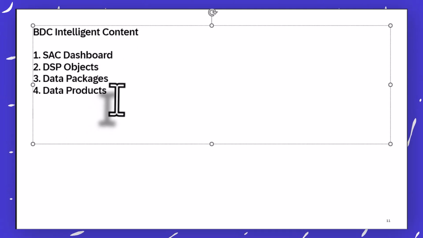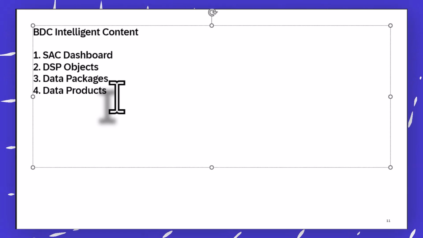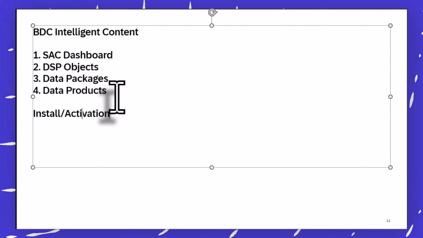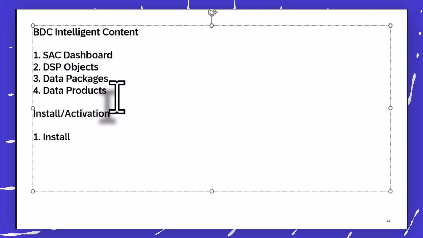The next one is, what are the different operations or actions you can perform on top of these objects. There are two kinds of operations you can do. One is install and the second one is activation. Now let's see what are the things I can install and from where.